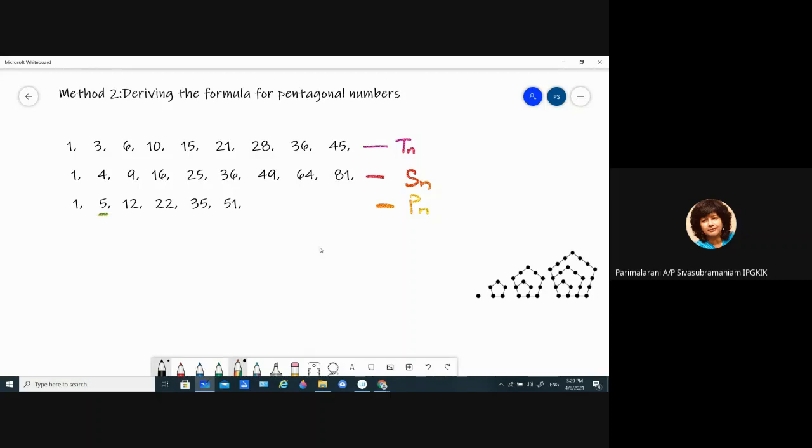Because the first term is all 1, it's difficult for us to predict anything. So let's look at the second term. For pentagonal numbers, we have 5. How do we get 5 from triangular and square numbers? Do you see any patterns there?